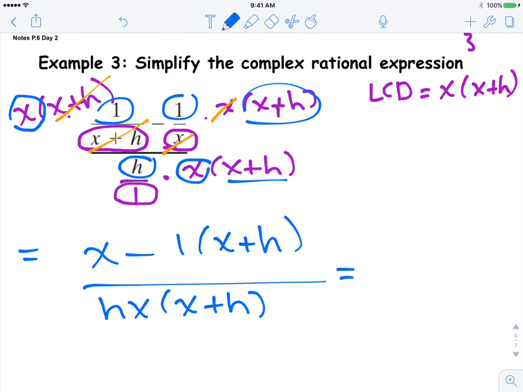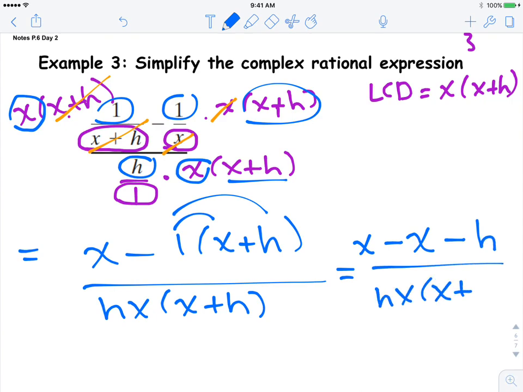Now we're going to simplify the numerator, so I'm going to distribute the negative 1 through. Now what happens is these x's become 0.